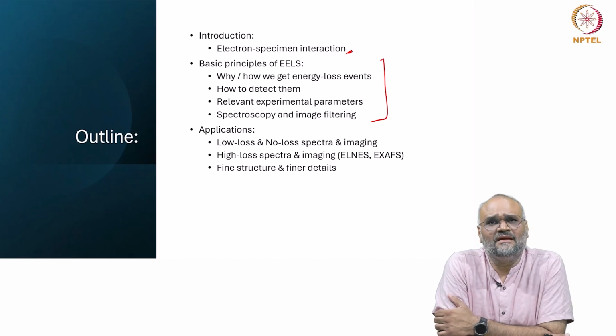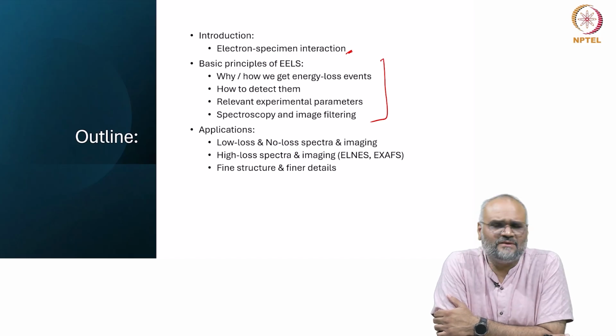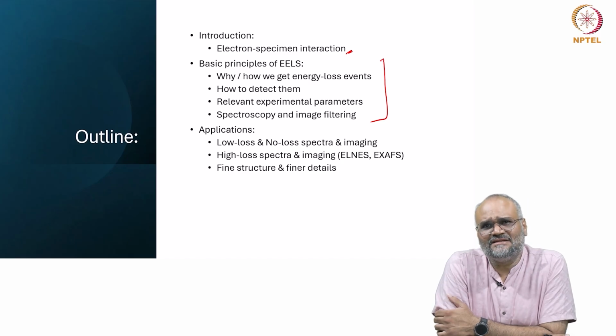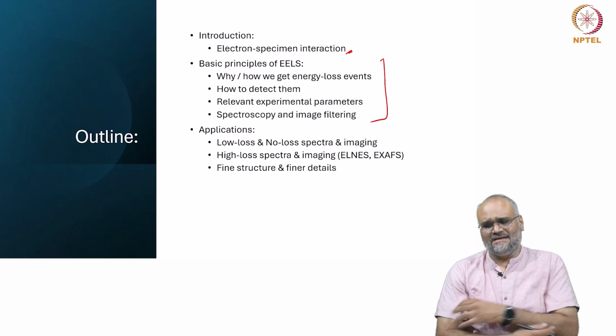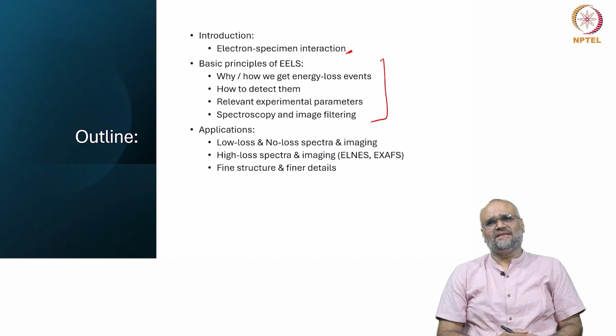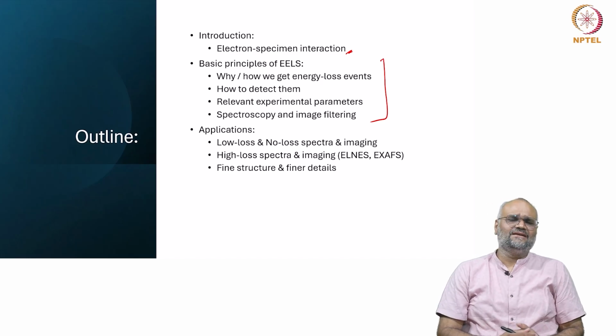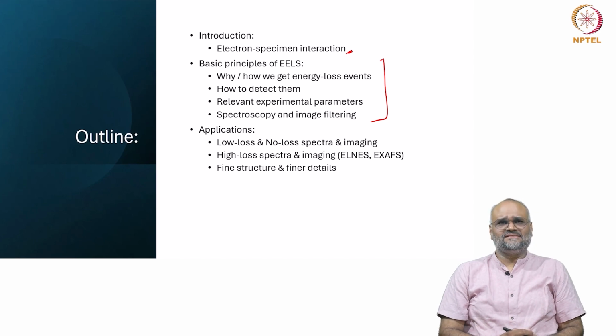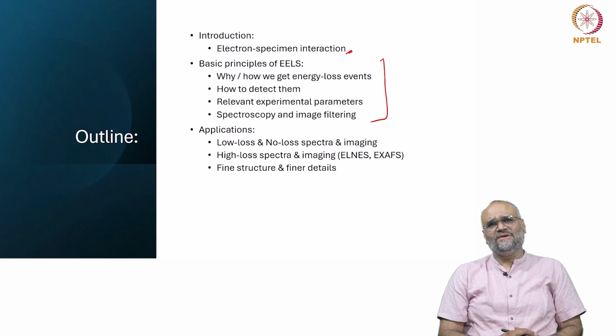But there are now techniques from the company called CEOS, which also makes the aberration corrector. They also make spectrometers now with JEOL and Hitachi. They now have commercial spectrometers which are largely post-column spectrometers as well. And JEOL and Zeiss also had the in-column filter, where you could do electron energy loss spectroscopy within the microscope column.